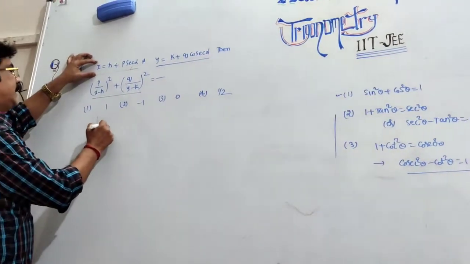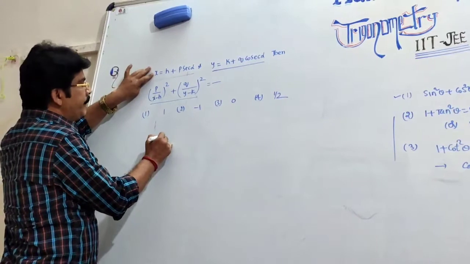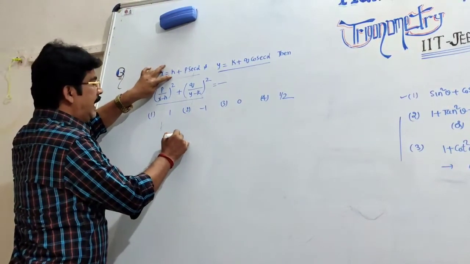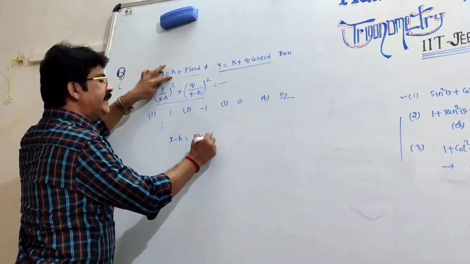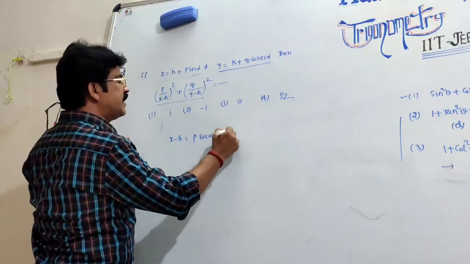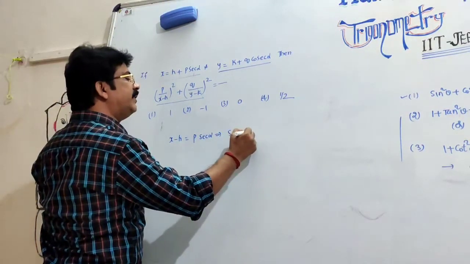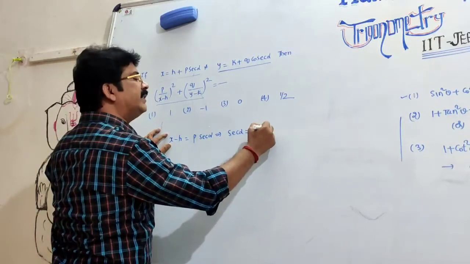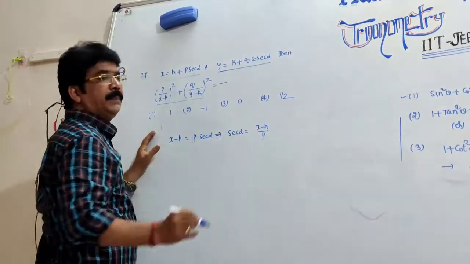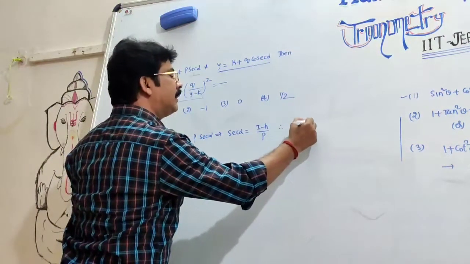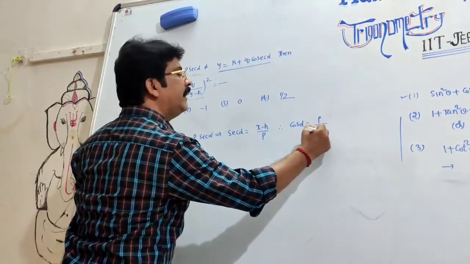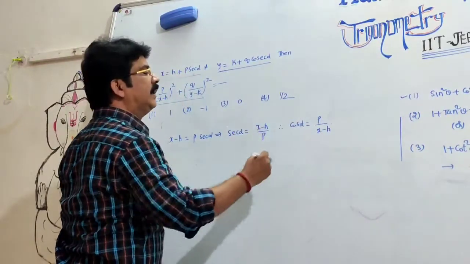You come here. So first, let us take the equation x minus h is equal to p into secant alpha. So from this equation, secant alpha is equal to (x minus h) divided by p. So therefore clearly, cos alpha is equal to p by (x minus h), like that.